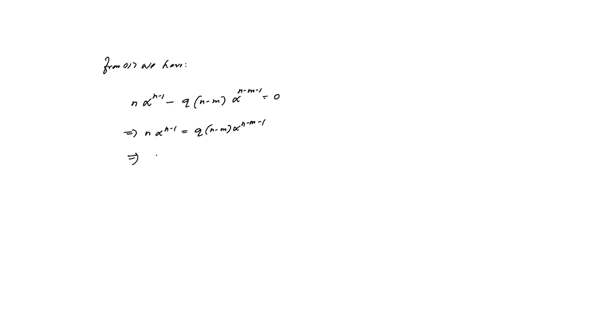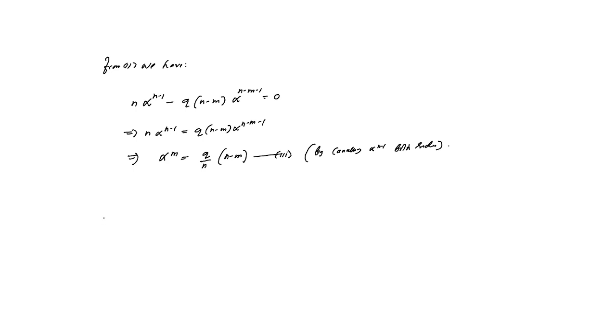So in that case we can write alpha to the power m equals q by n into (n minus m). This is 3, by cancelling alpha to the power n minus 1 on both sides.